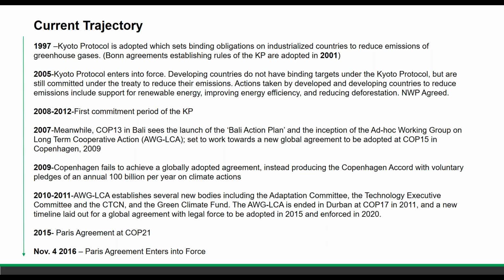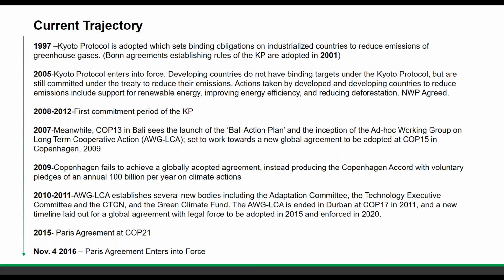And what's really important about the Bali Action Plan is it laid out the framework for which we understand the negotiations to undertake today. It laid out that they wanted an agreement which would create a shared vision, but also look at mitigation, adaptation, finance, technology transfer and development, and capacity building.